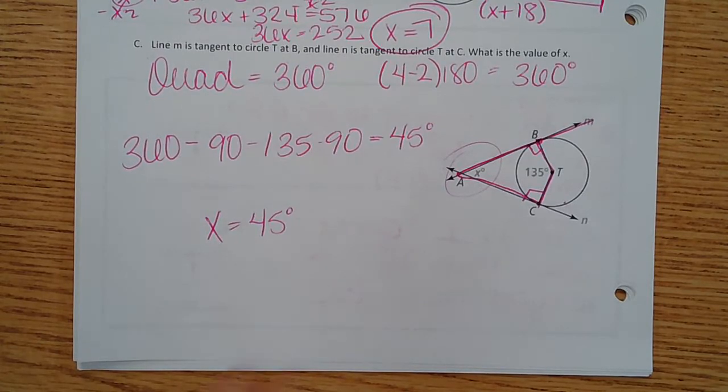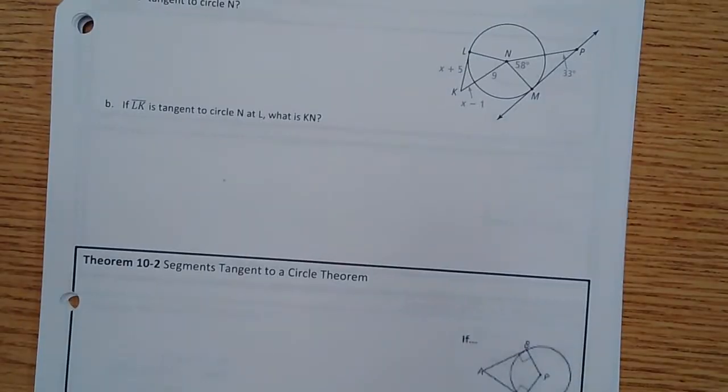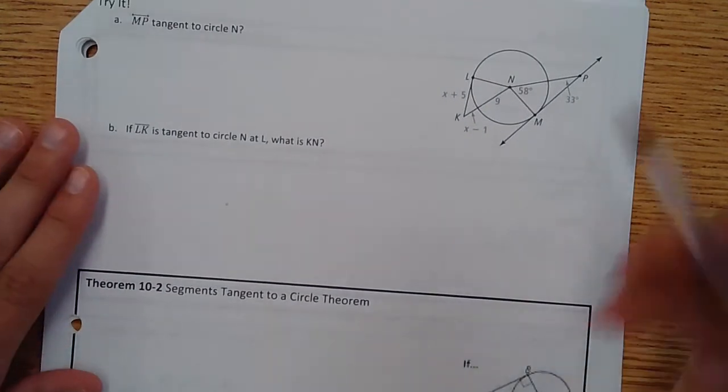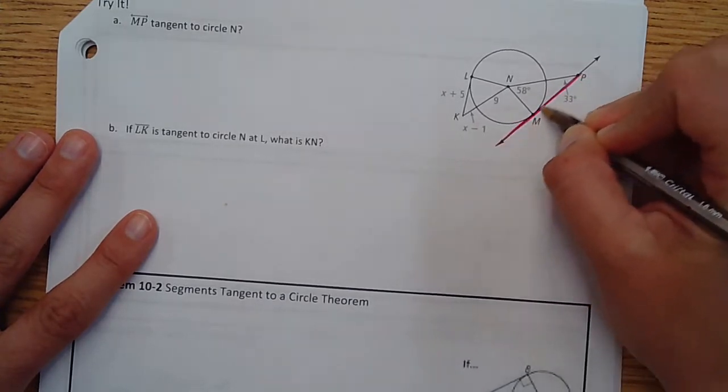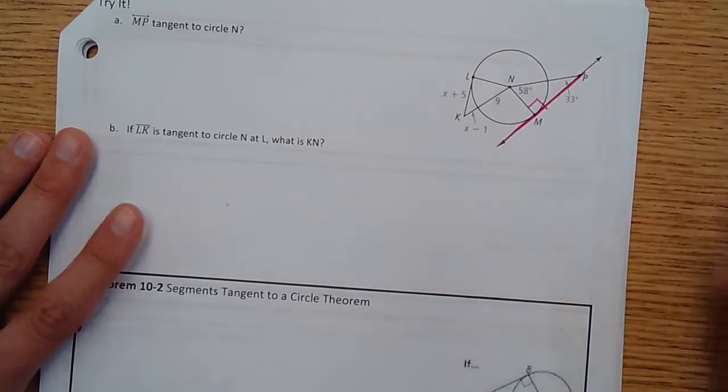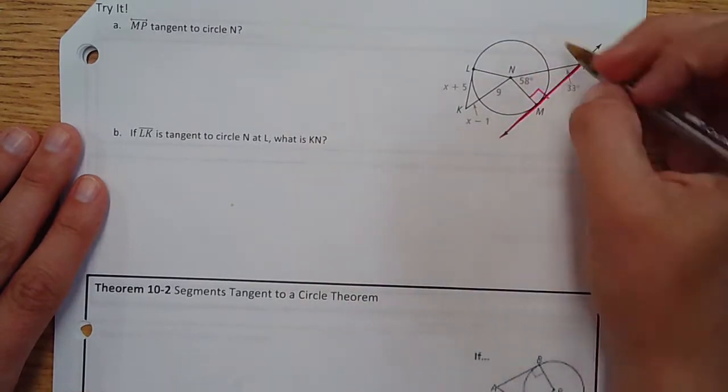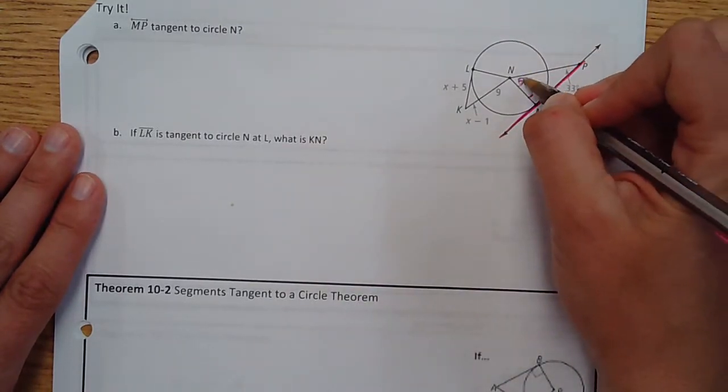All right, so we can do the try it problem on our own here. So they're asking, is MP tangent to this circle here? Well, I know that this angle here is 58.